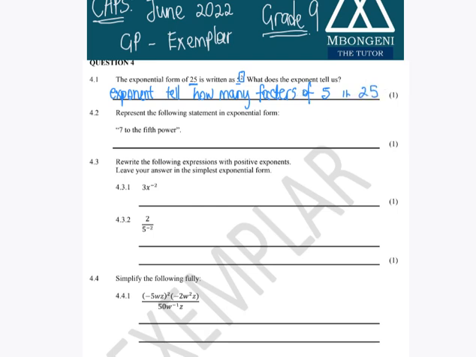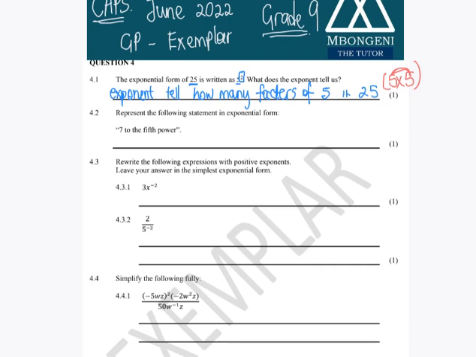So it just tells us how many factors of 5 in 25, because we will know that. I'm just going to write this on the side. This will be 5 times 5. So in this product there are 2 factors of 5.